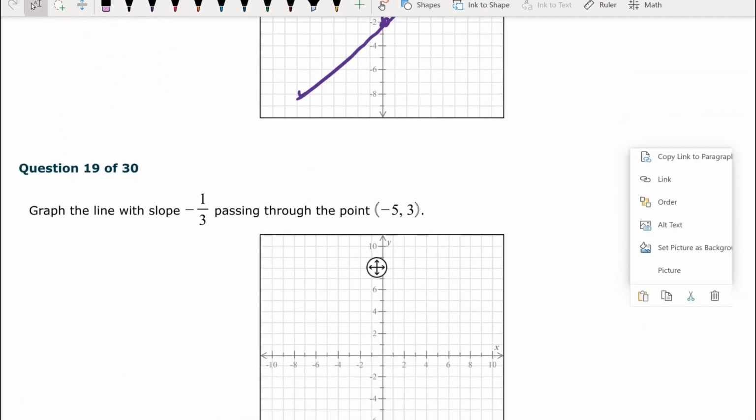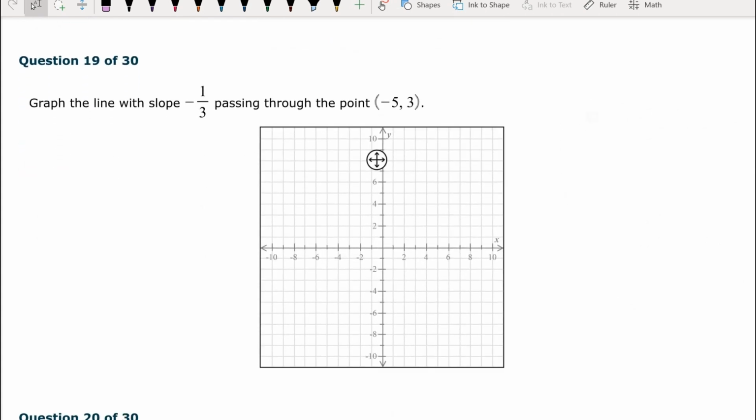Number 19, problem 19. Graph the line whose slope is negative 1/3 passing through the point negative 5, 3. Easy. You start at negative 5, 3. Negative 5 right here, and then up 3, 1, 2, 3. That is your beginning point, negative 5, positive 3.